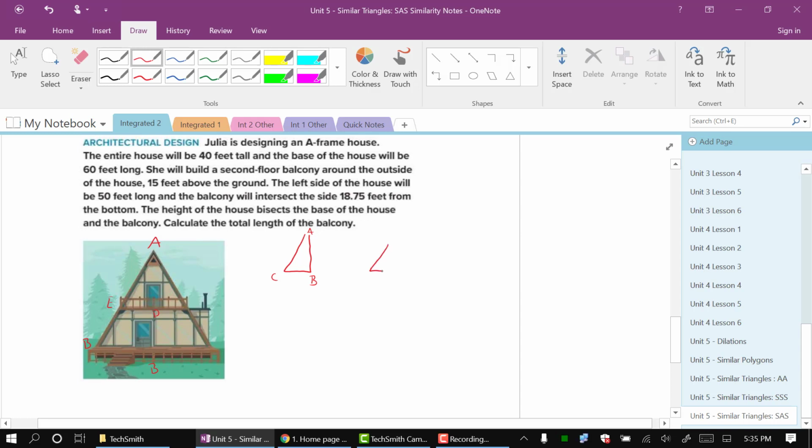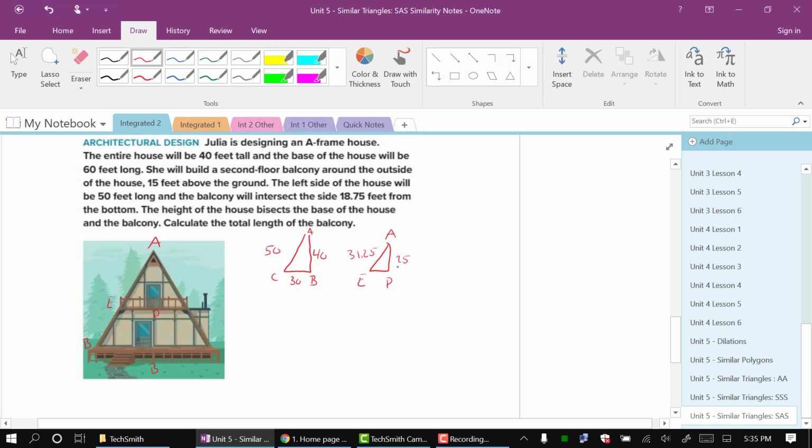Our top part is AED. AC, as it says, has a length of 50. This is 30 because it is 60, but it's bisecting, so that means it cuts it in half. And then this is 40. This is 31.25. This is 25. And we don't know what this is yet.